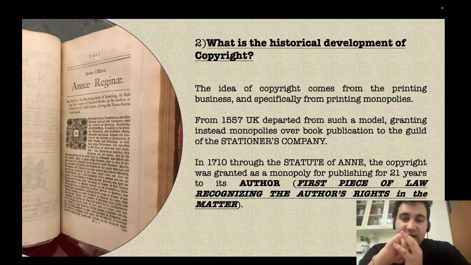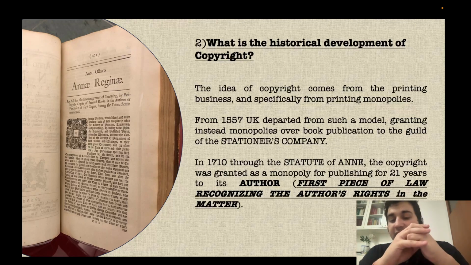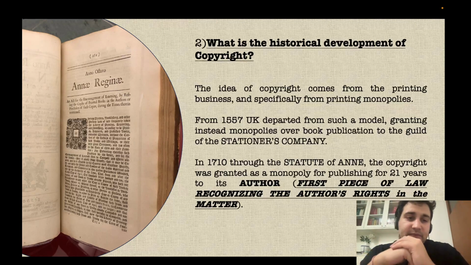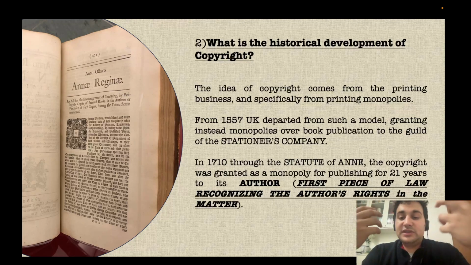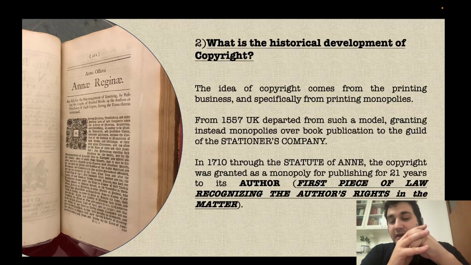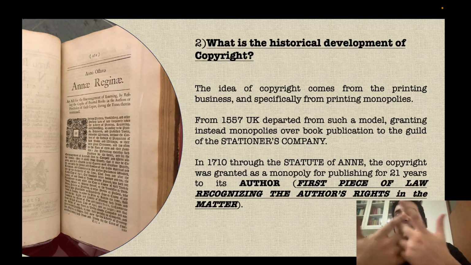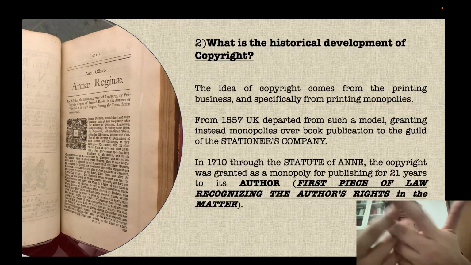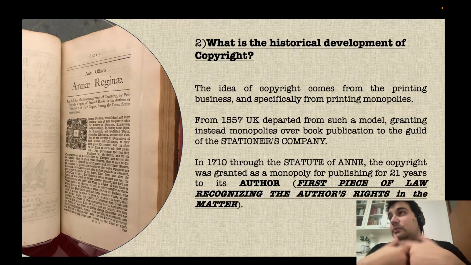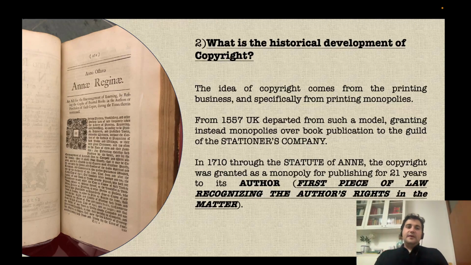So already in the 1710s in the UK, the Statute of Anne was developed, in which for the first time copyright was granted as a monopoly in regard to the author. So the author of the copyrighted work has the right to publish it and a monopoly on its publication.